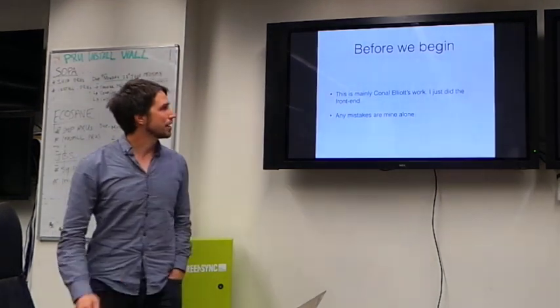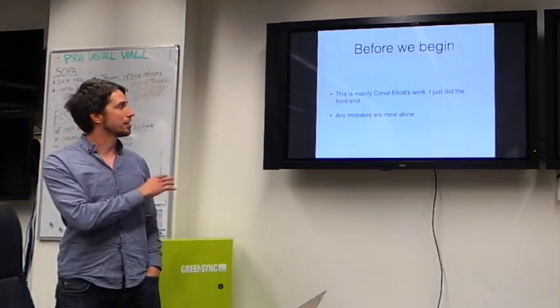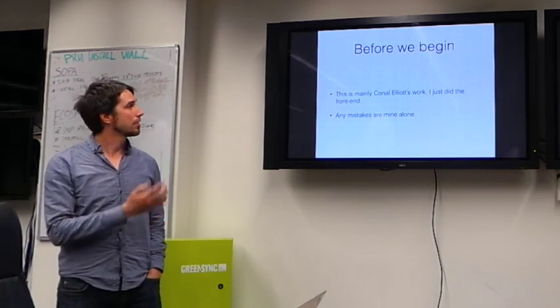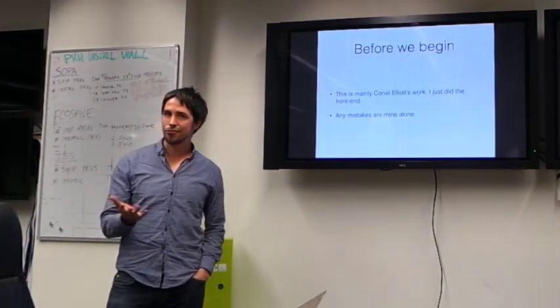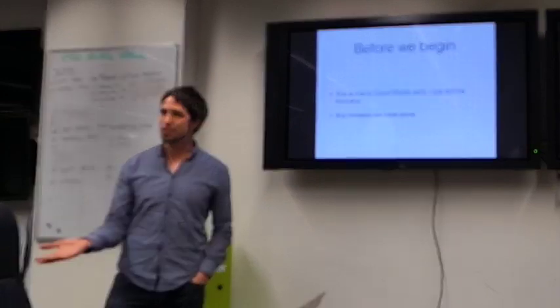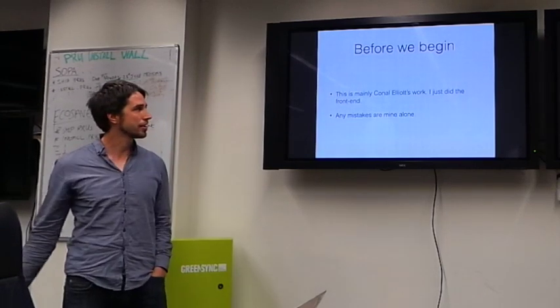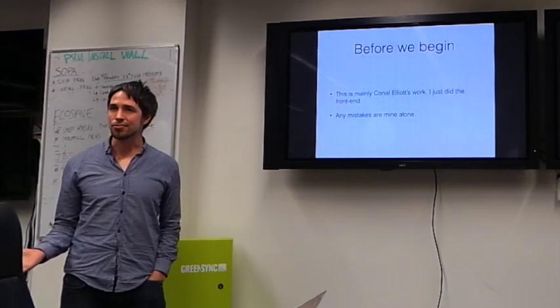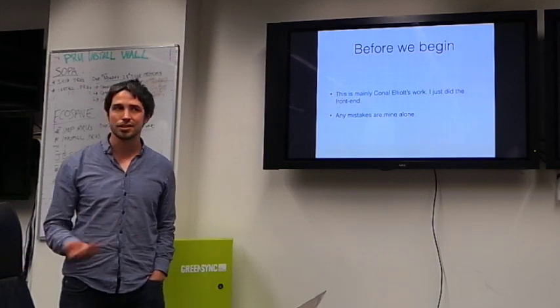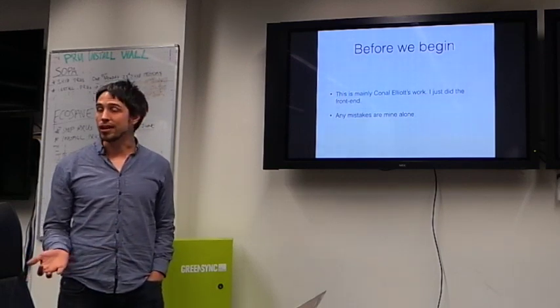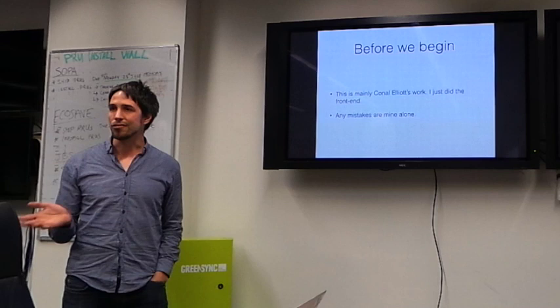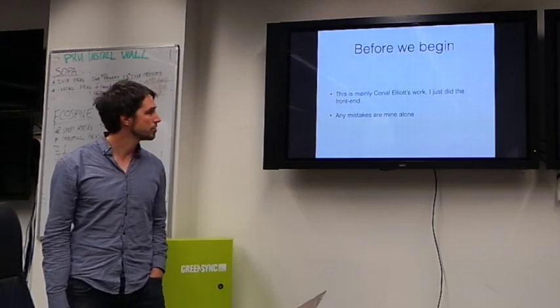Just before we begin, I want to make clear that the language for specifying these 3D graphical effects that I'm going to show you in this talk is Conal Elliott's work. I've just done this front end recently, which is written in Haskell and Cocoa, and I've used the foreign functions to communicate between the two.